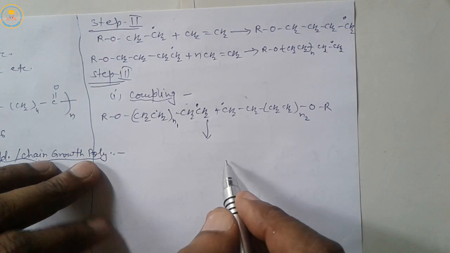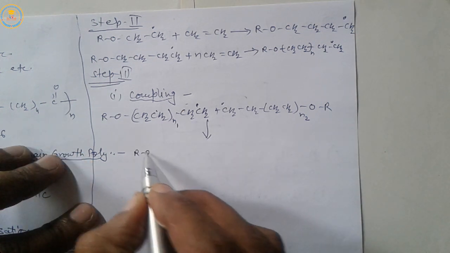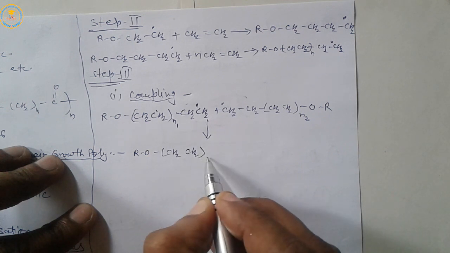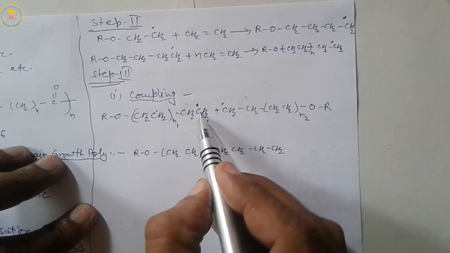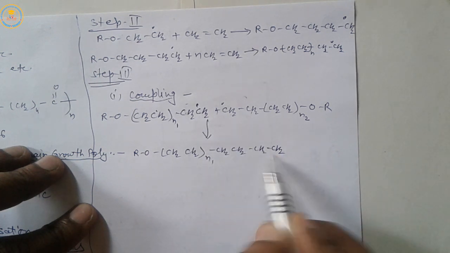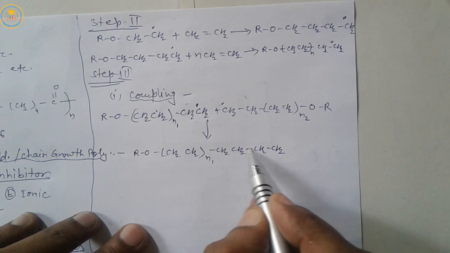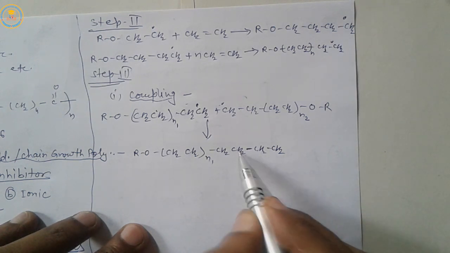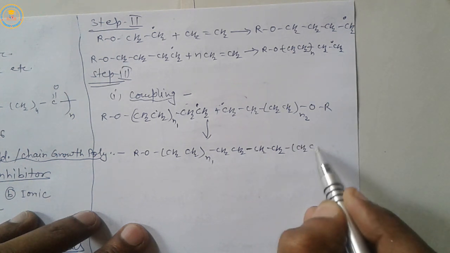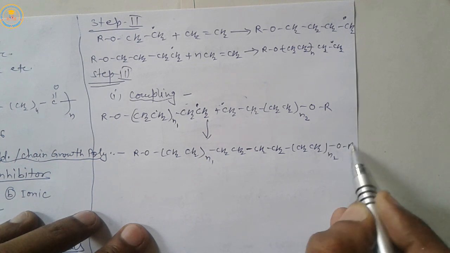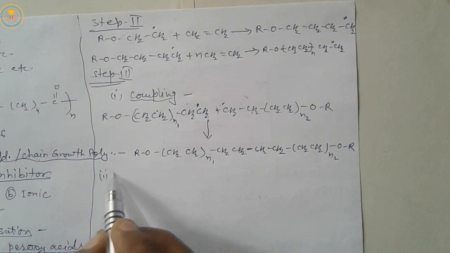After combining together, they form a neutral polymer molecule like this: CH2, CH2, CH2, CH2 for the methylene groups. Here the unpaired electrons, after pairing, are converted into a bonding condition and form a neutral polymer molecule. This is called coupling.